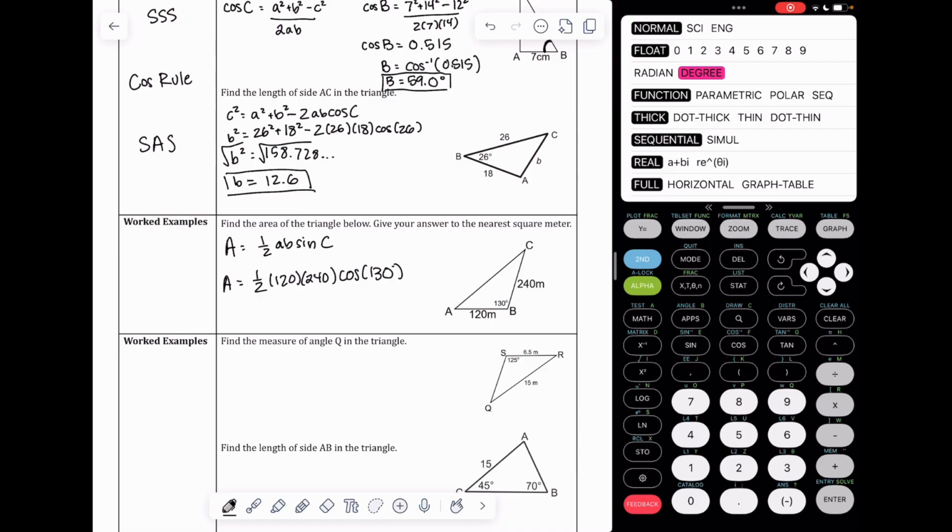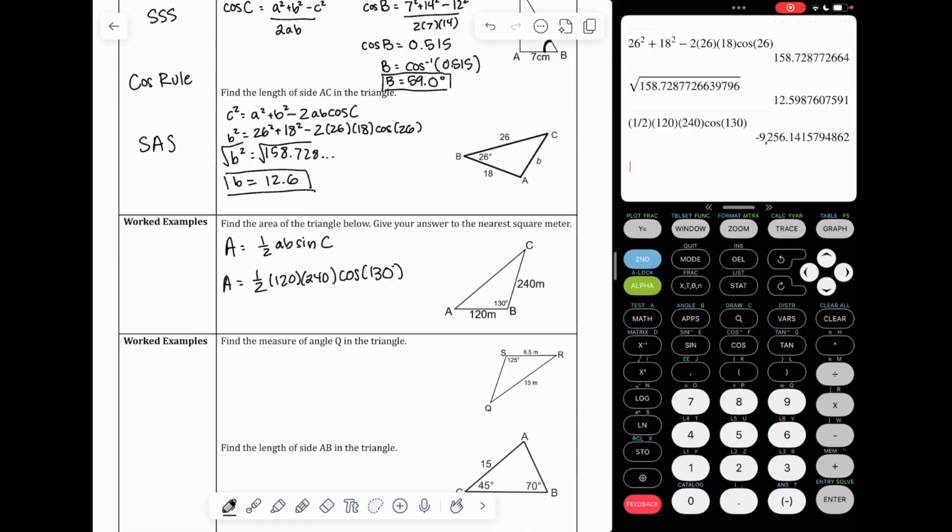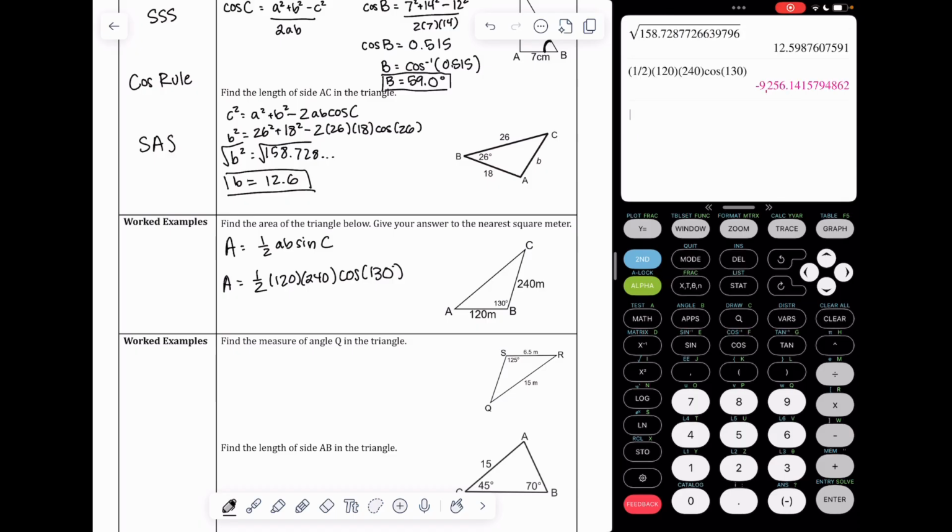I'm in degree mode. That's a good sign. Let's see. Oh, hopefully you all caught it. I used cosine. We are trying to use sine in this formula. So, hopefully you caught that.